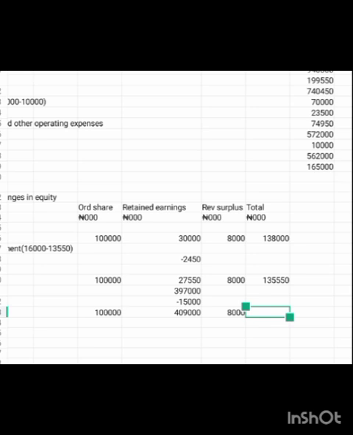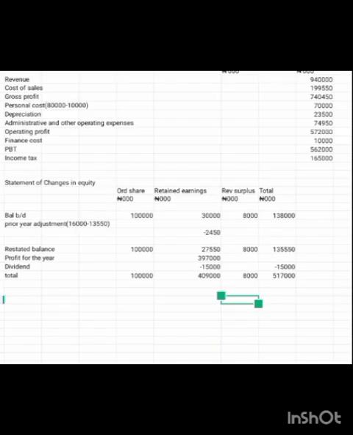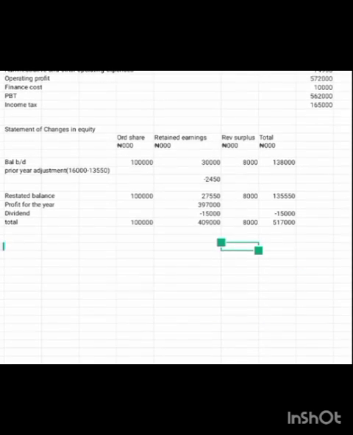Our dividend is supposed to come here as well, so we have 15,000 here, and we are subtracting it also. So we put it in bracket. If we subtract it, we then have 517,000. So that is our statement of changes in equity.